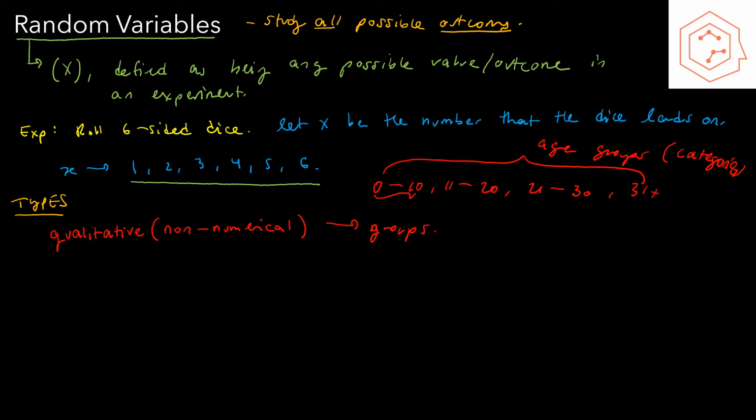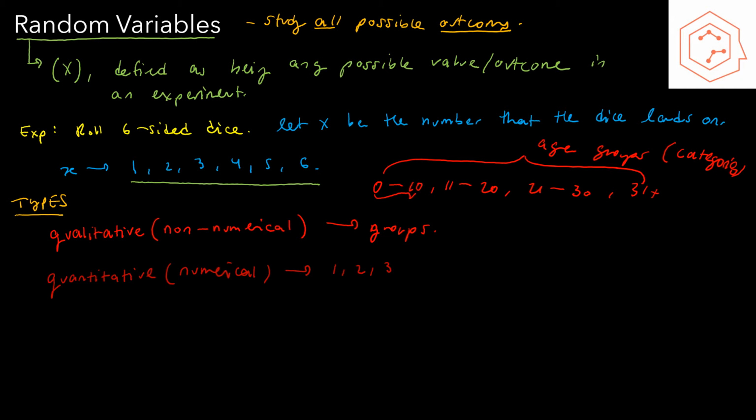The second type of random variable is a quantitative random variable, and these are numerical. So just like how we have x over here as being the number that the dice lands on, 1, 2, 3, those are numerical quantities.